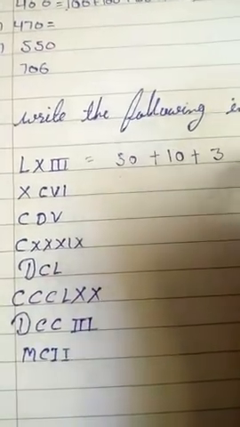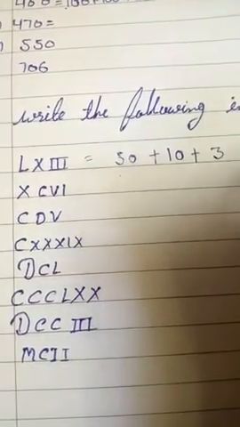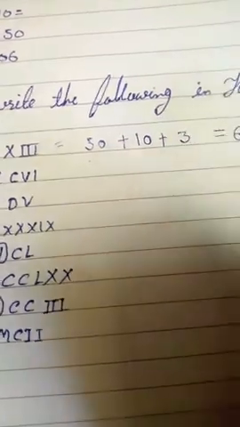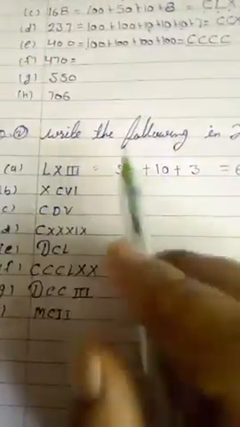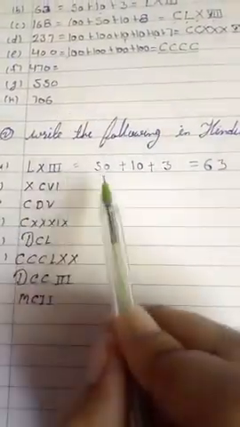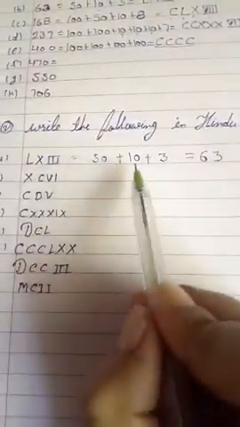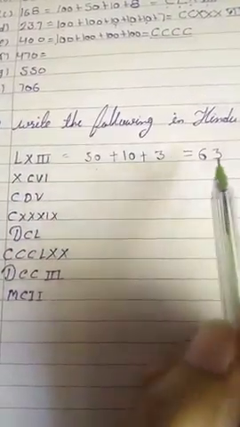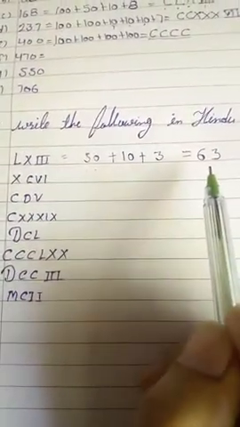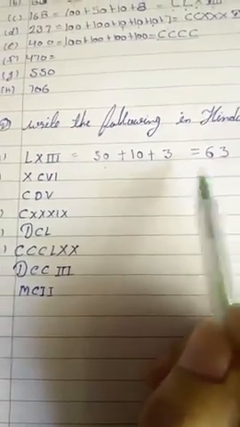Add those numbers. The answer is 63. L, 50, X, 10, and this is 3. 50 plus 10 plus 3 equals 63.